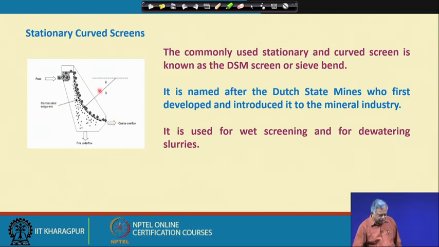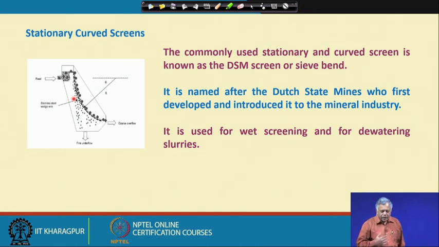The curvature is used because, when you have very coarse and very fine sizes, we want to minimize the residence time of the particles at this stage. The particles which are much finer than my aperture size will immediately pass through, so they reduce the load on my total material flow rate.